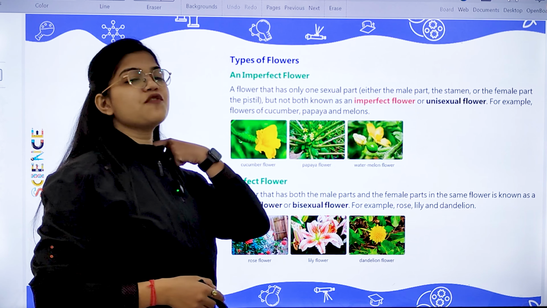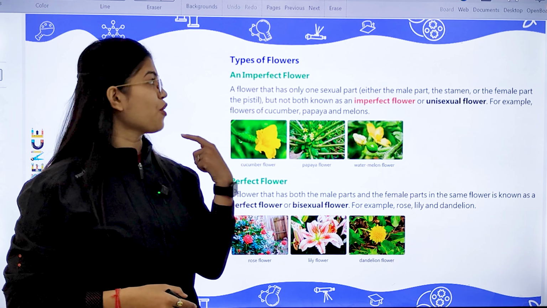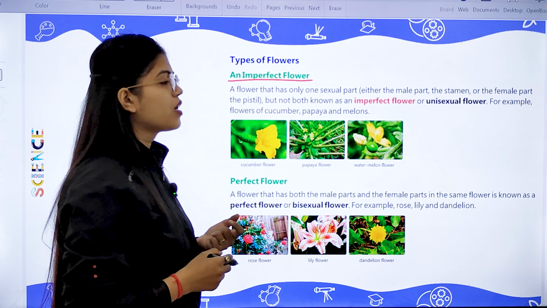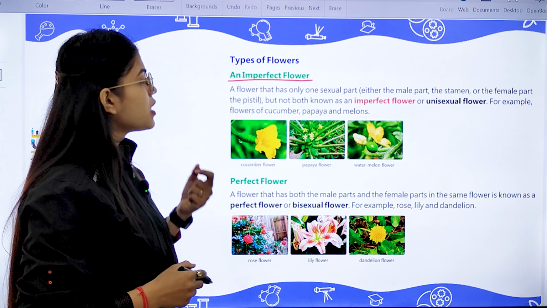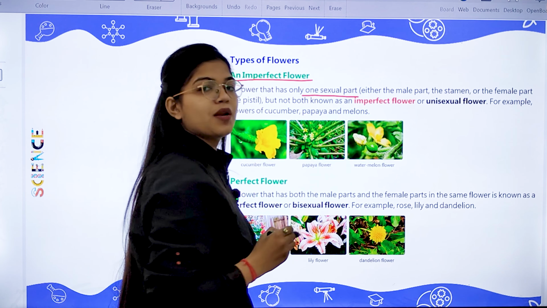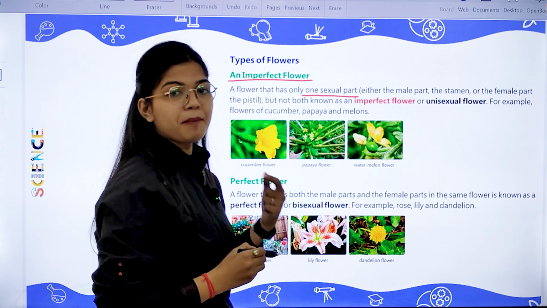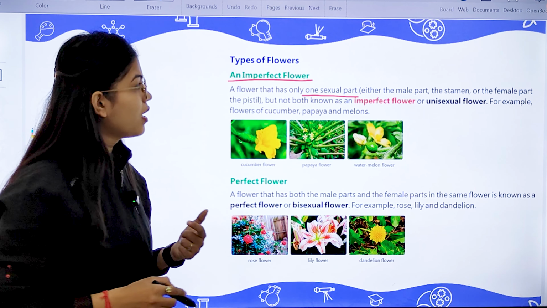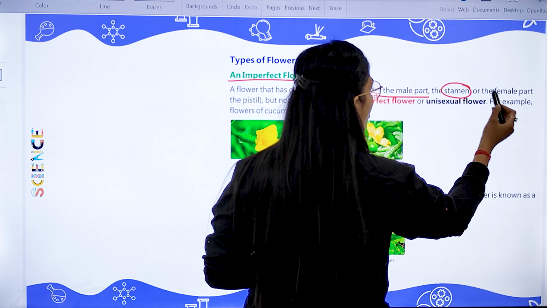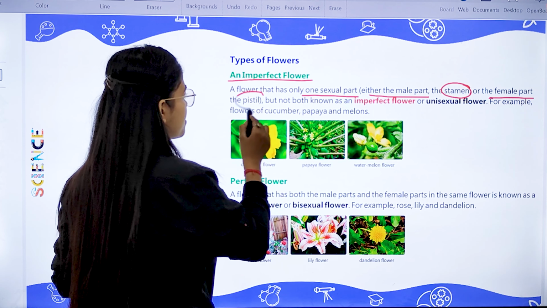So now, next we are going to talk about the types of flower. First of all, we have an imperfect flower. What is an imperfect flower? The flower which has only one sexual part, that means either the male part, that is stamen, or the female part, that is pistil.